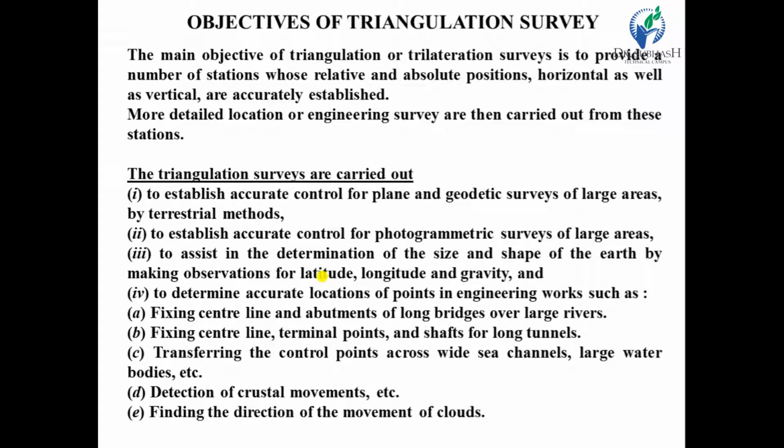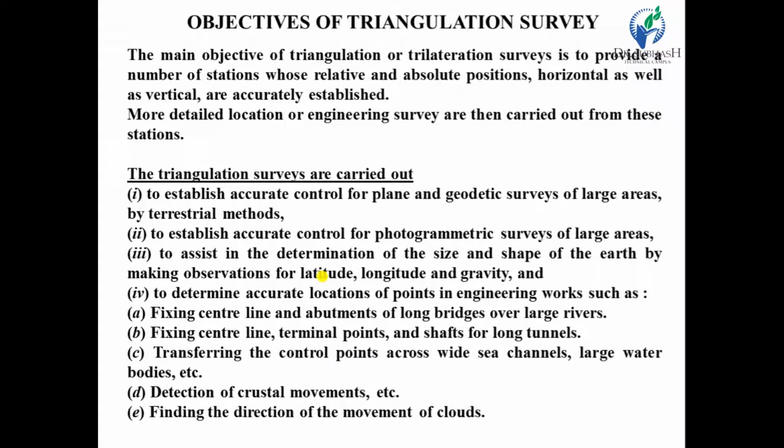Objective of a triangulation survey. Generally, the main objective of a triangulation or trilateration survey is to provide a number of stations whose relative and absolute positions, horizontal as well as vertical, are accurately established. Generally, triangulation surveys are carried out to establish accurate control points.